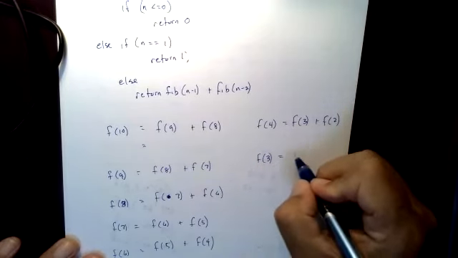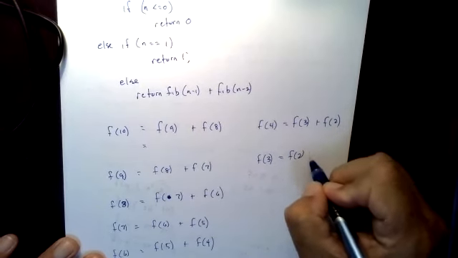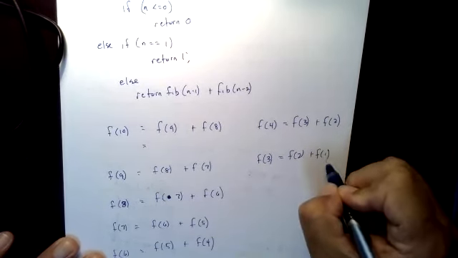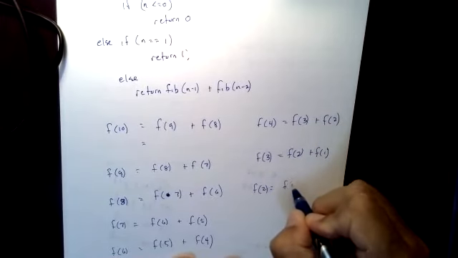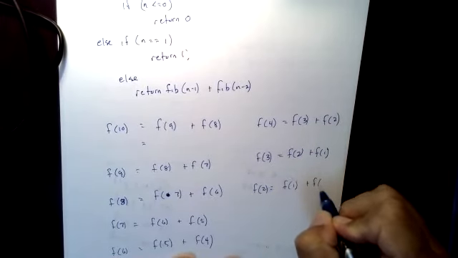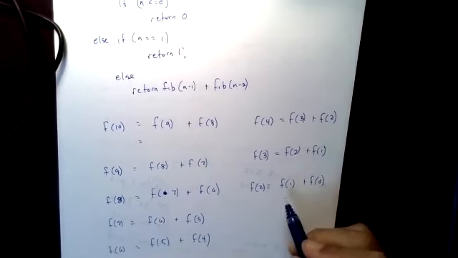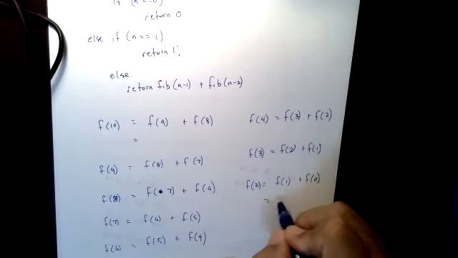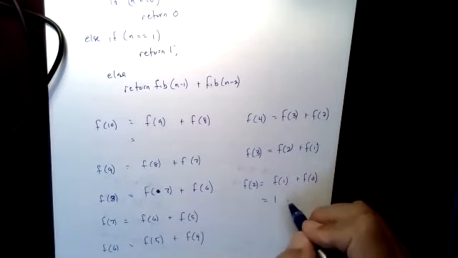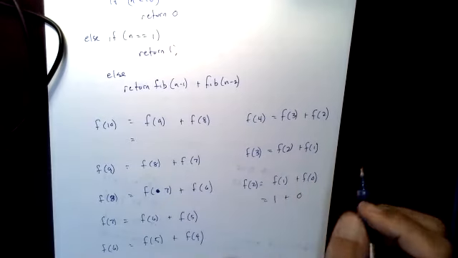F of 3 equals F of 2 plus F of 1. F of 2 equals F of 1 plus F of 0. F of 1, I know what that is. It's 1. F of 0 is 0.